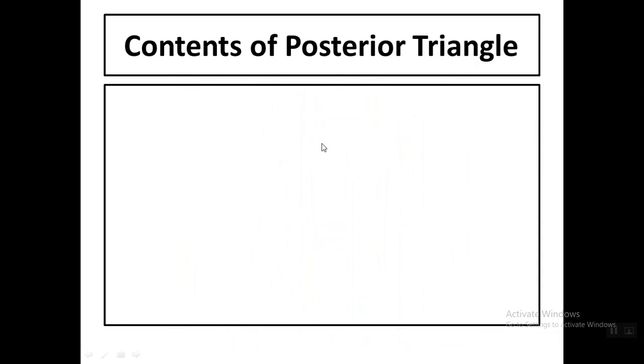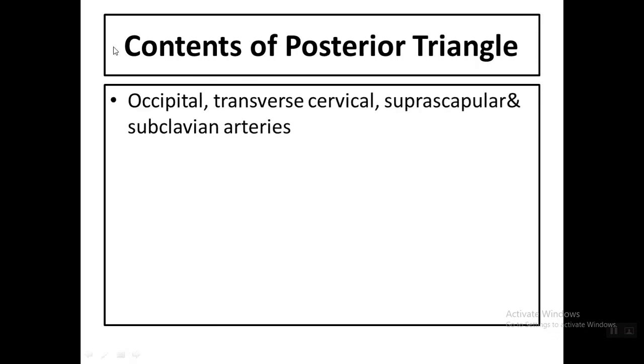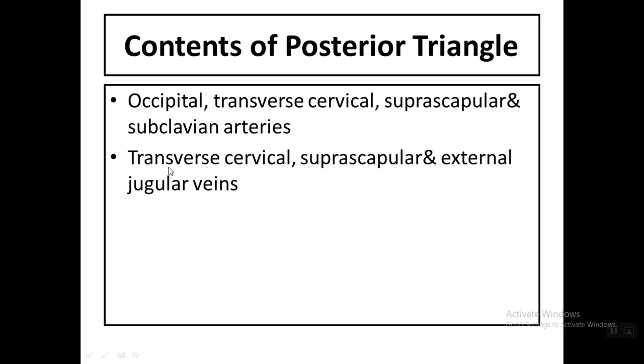In general, what are the contents of the posterior triangle? We have arteries, veins, nerves, and lymph nodes. We have the occipital, transverse cervical, suprascapular, and subclavian arteries. Veins: transverse cervical, suprascapular, and external jugular veins.